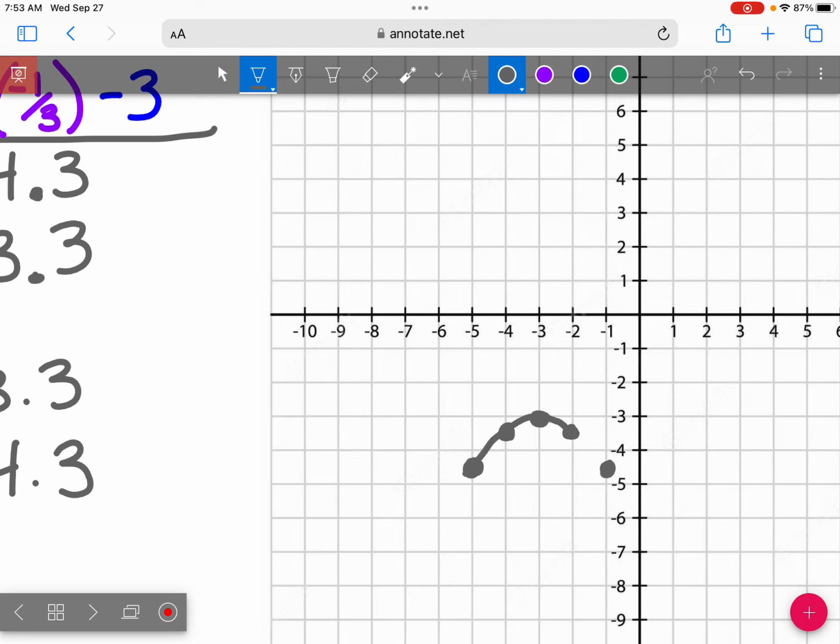And we have an upside down parabola. Because my A value is negative, we got that reflection. It's been flipped. It's now upside down.